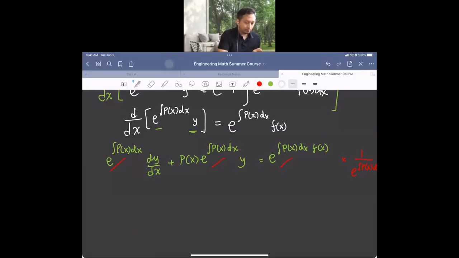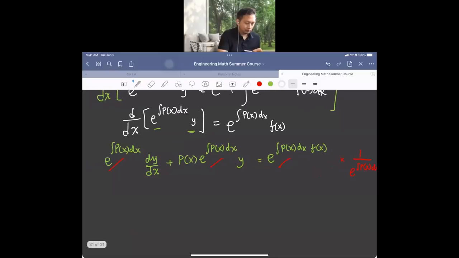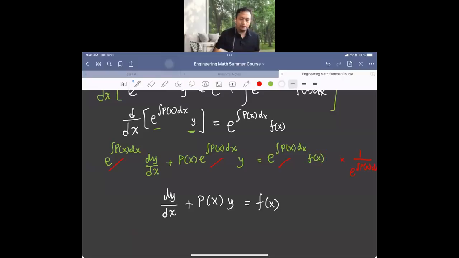So we will get dy/dx plus p(x) y equal, oh, I think I missed out, this is supposed to be here, equal to f(x). So we are getting back our standard form.